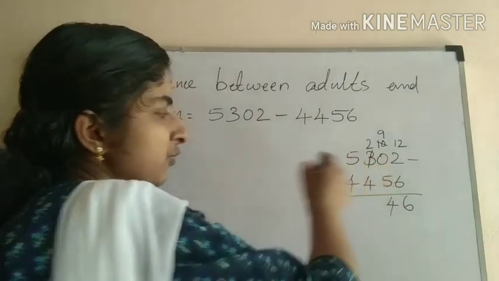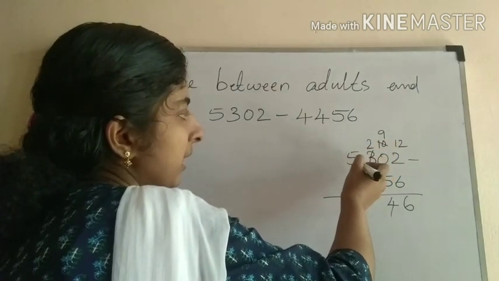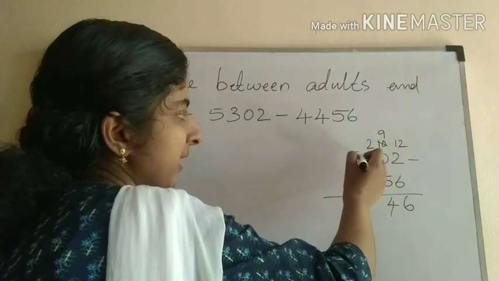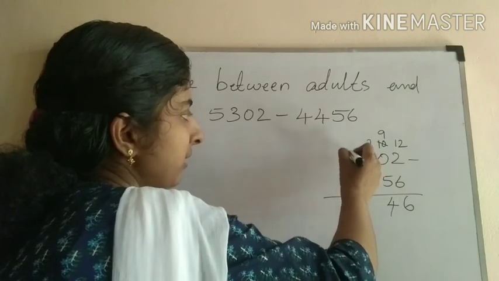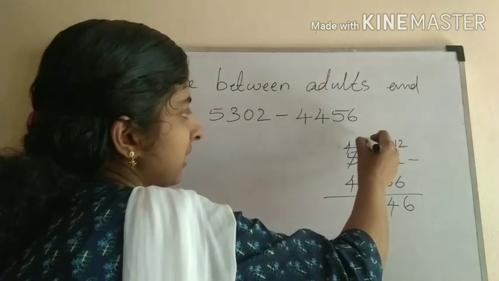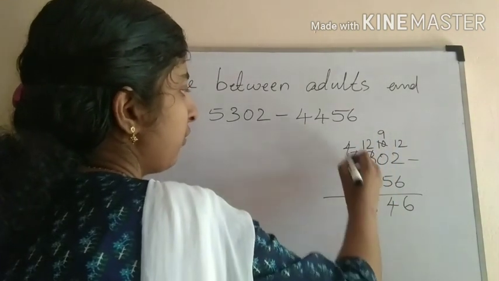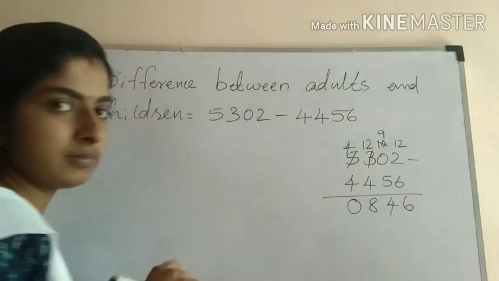Then, 2 minus 4, is it possible? No. So, we move to the next place, that is thousands place. After taking 1, the thousands place becomes 4 and the hundreds place becomes 12. 12 minus 4, 8. 4 minus 4, 0.